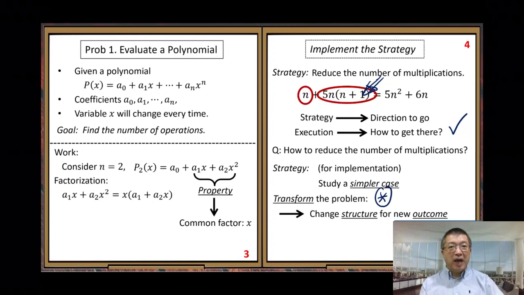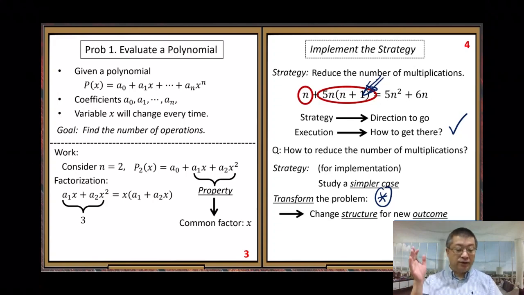Now we want to take advantage of the form change. Let us count the number of multiplications in the two different forms. For the left-hand side, 3. The first term, 1 multiplication. Second term, 2 multiplications. 1 plus 2, 3.